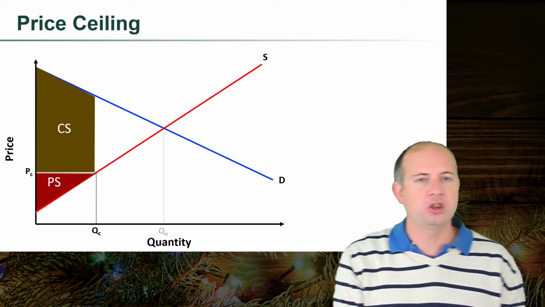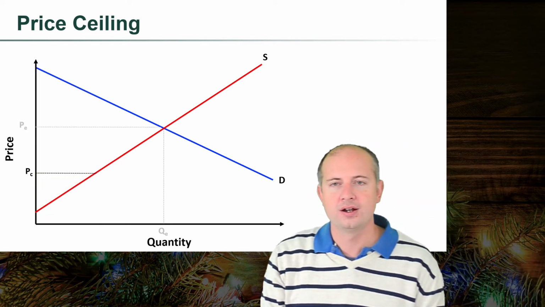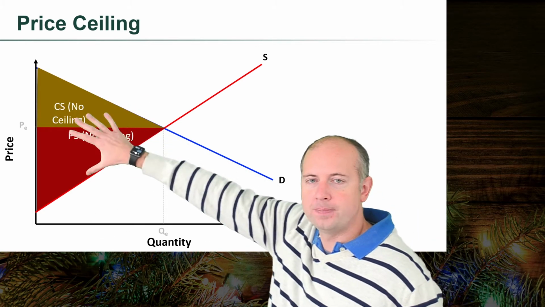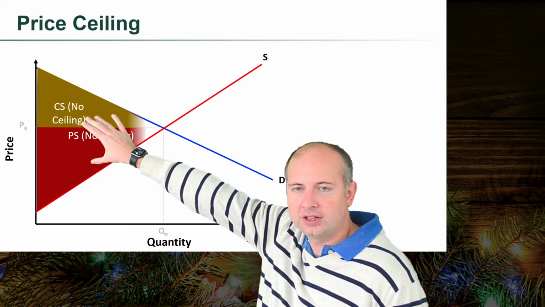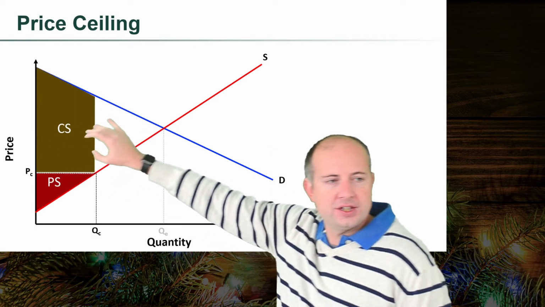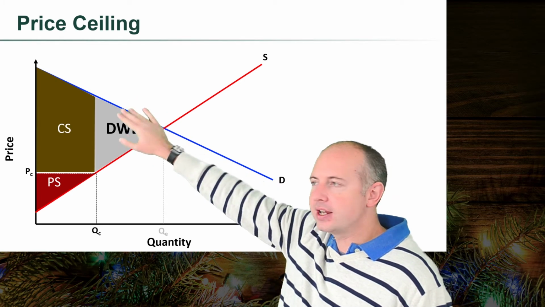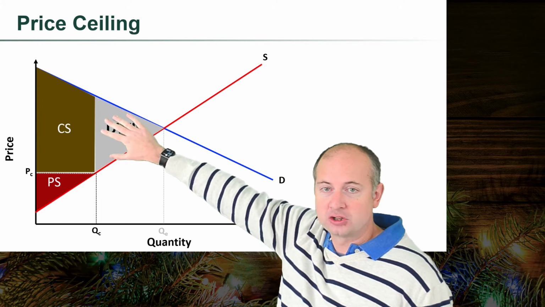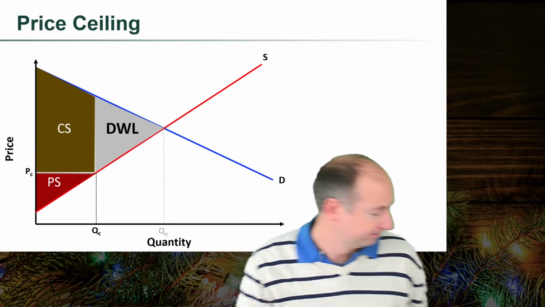Deadweight loss is all that we've foregone. So if we compare the total surplus here, the total area of the big triangle, with total surplus here, this gray area is what we've missed out on, right? This is how much smaller the area is. This is the part of the big triangle we don't get a surplus anymore.